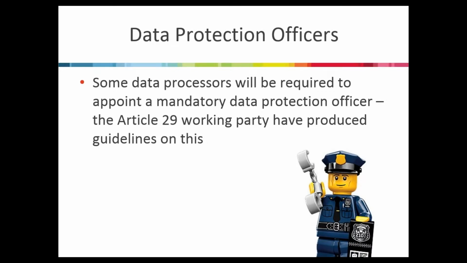Some data processors will be required to appoint a mandatory data protection officer. It's worth having a look at the Article 29 Working Party guidance in relation to data protection officers.